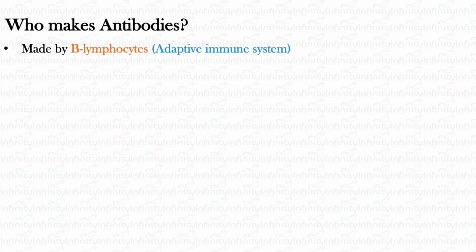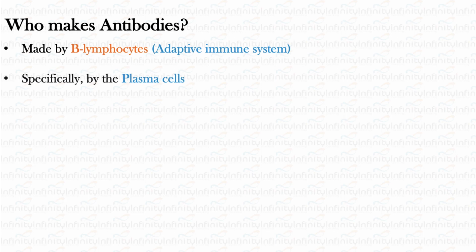Actually, the B cells themselves do not make a lot of antibodies, but they differentiate into a special cell known as plasma cell, and the sole job of the plasma cell is to generate a ton of antibodies. So if somebody asks us who makes antibodies, the correct answer would be plasma cells, because B lymphocytes, although it is correct, need to convert themselves to plasma cells in order to make a lot of antibodies.